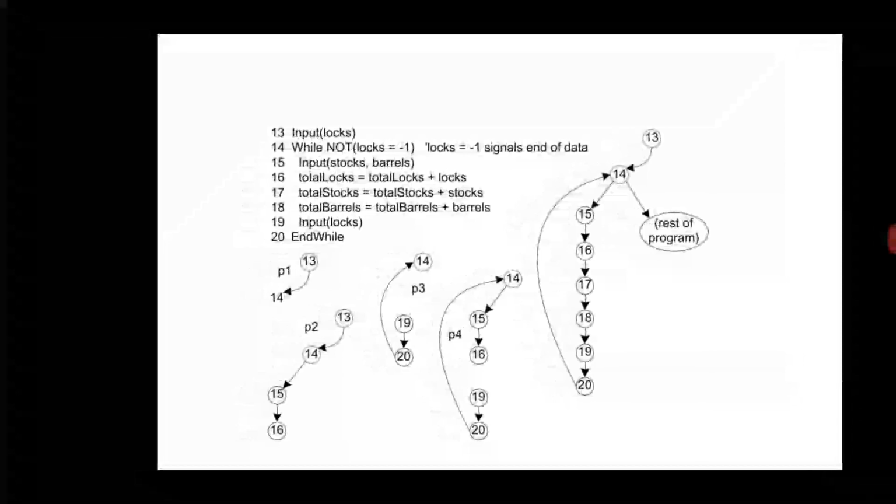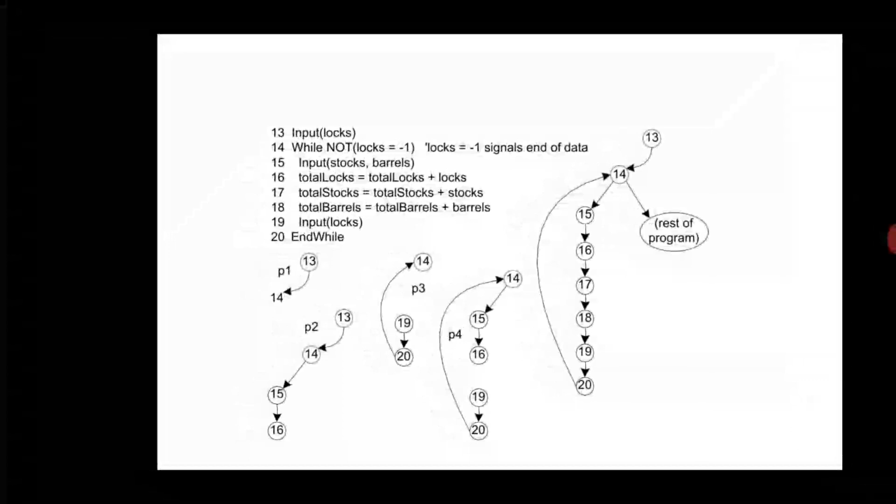13, 14, you can check. Define it at 13 and use it at lags, for lags 14, right? Use it at 14. That is one path. Again, define it at 13, use it at 16, right? 14 also used. 15 I didn't use that one, but 16 I used. That's why 13, 14, 15, 16.